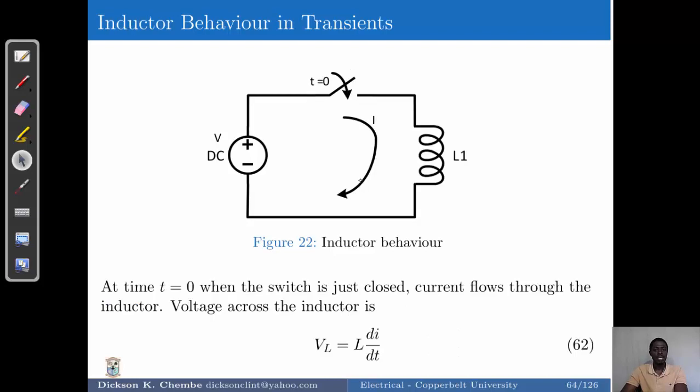Now, the inductor behaves slightly differently.